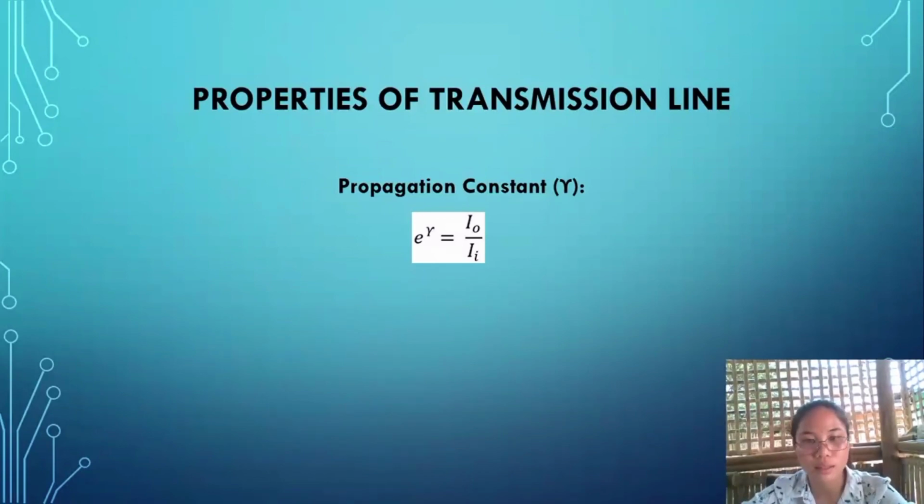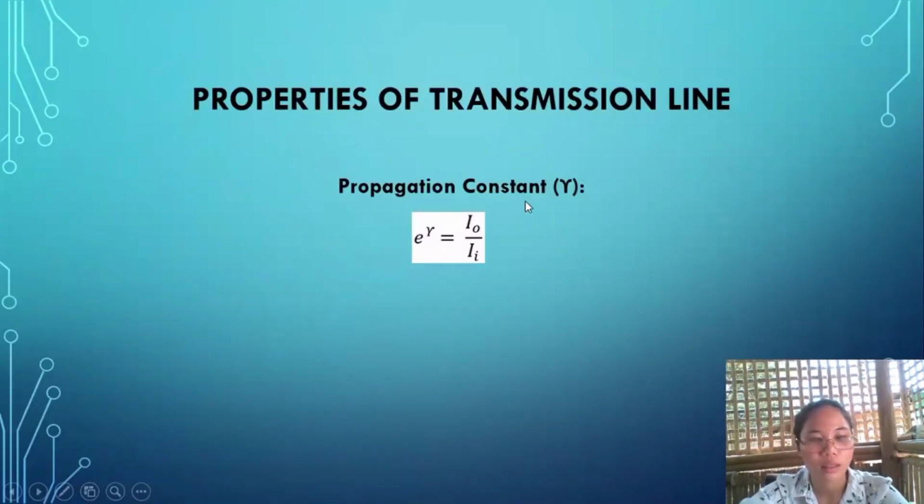It is given as e raised to γ, the propagation constant, equals I sub O over I sub I. Here γ denotes a complex quantity represented by α plus jβ, where α is the attenuation constant and β is the phase constant.